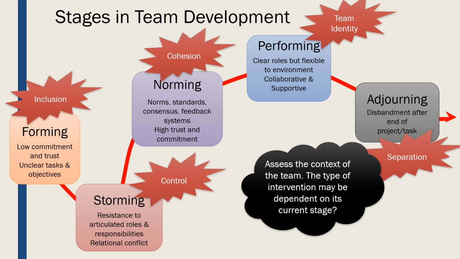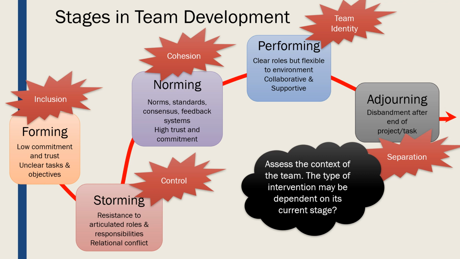storming, kadalasan nagkakaroon ng conflict dahil people want to have control or you want to push for your own system. Sa norming, dahil nandiyan na yung mga norms, mga standards, want to have cohesion, making sure that the policies that we've installed will lead you to the right direction.